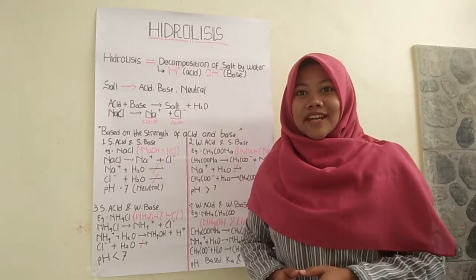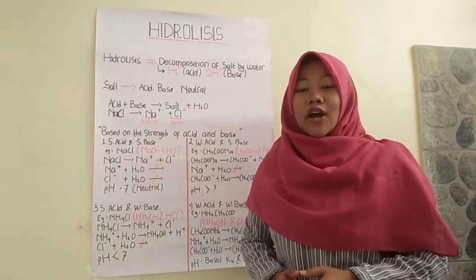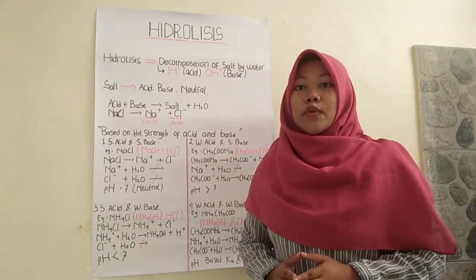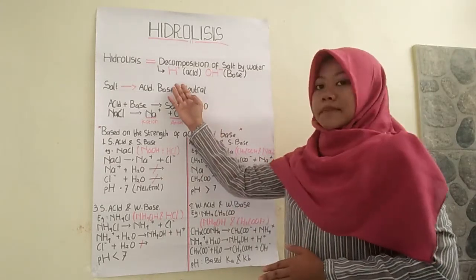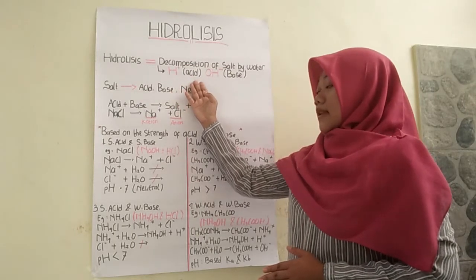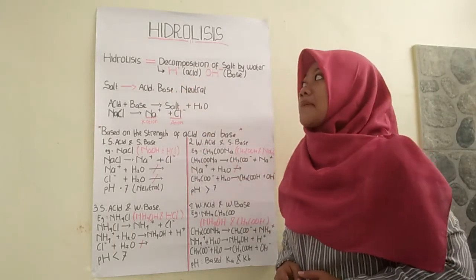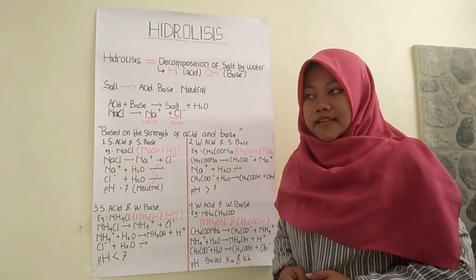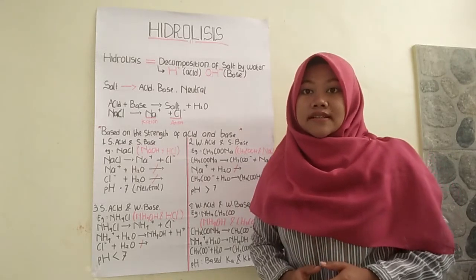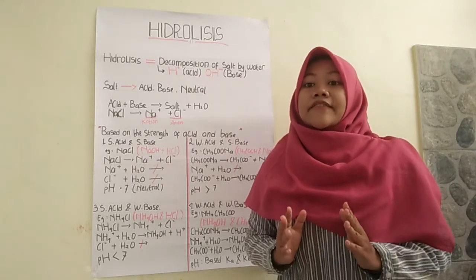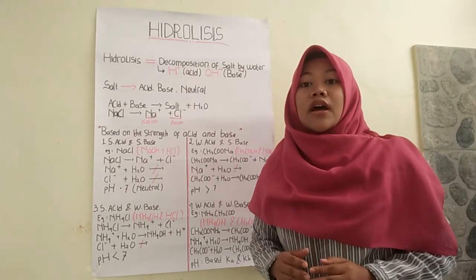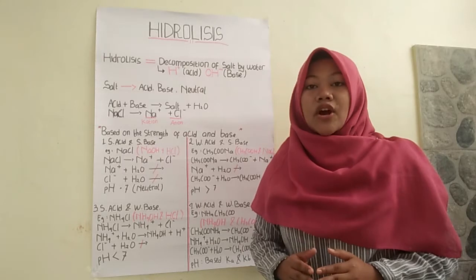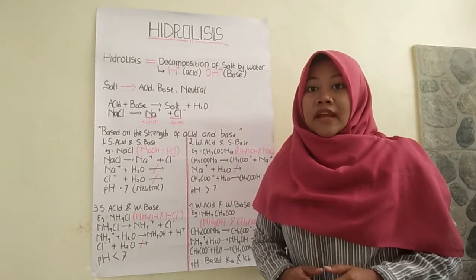Hydrolysis is the decomposition of salt by water that will produce H plus ion (acid) or OH minus ion (base). The characteristic of salt from an acid and base reaction depends on the relative strength of the acid and base.